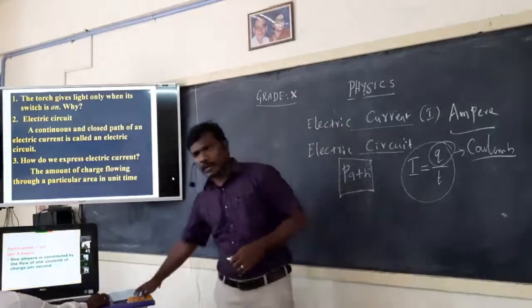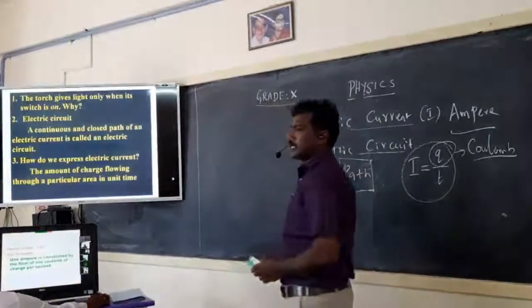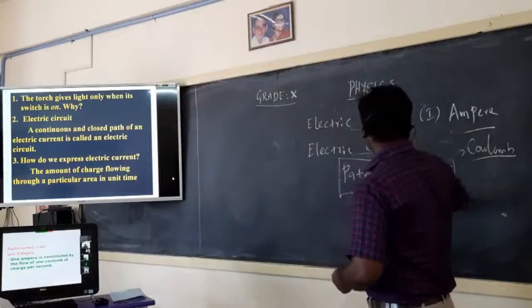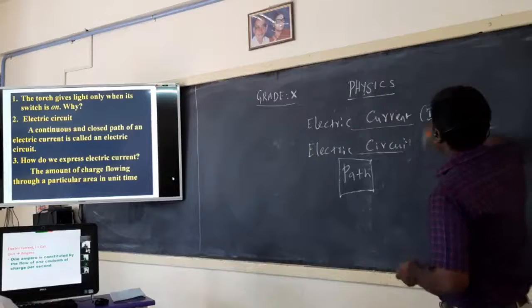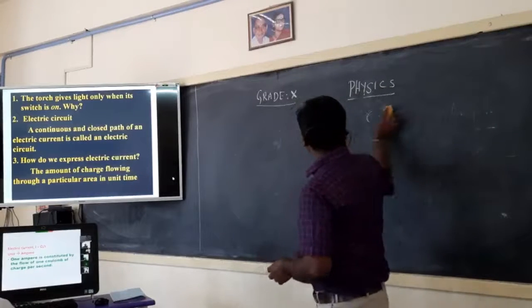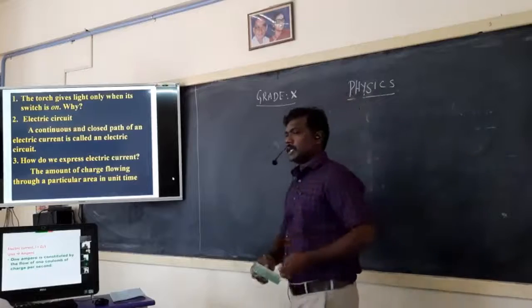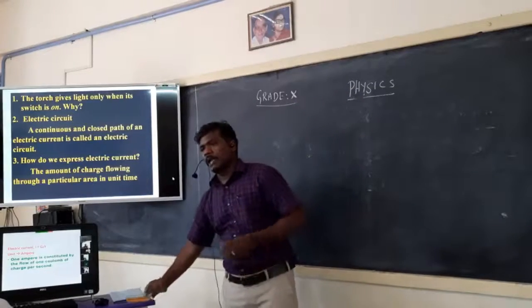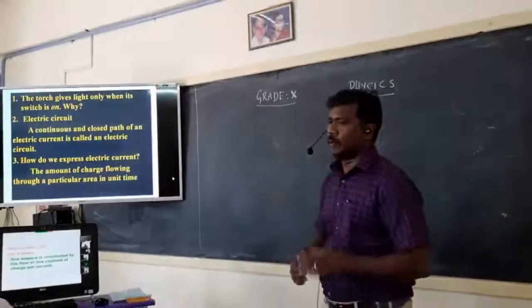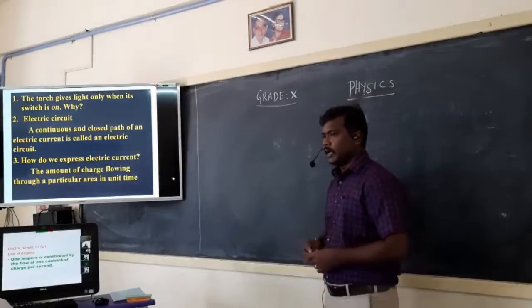Before that, we are going to determine the direction of electric current in a particular circuit. Already at the beginning, I told that it is the opposite direction of the flow of the electron.